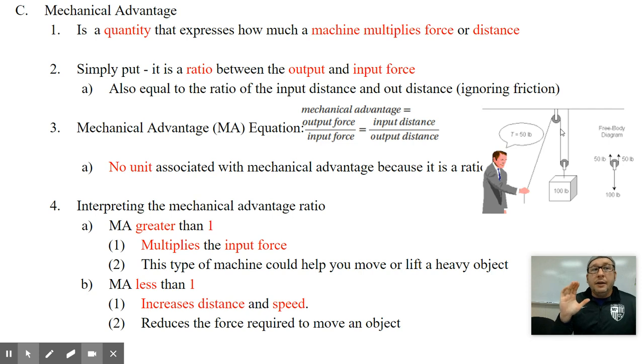Anyway, this formula for solving mechanical advantage might seem a little wonky, a little confusing, and that's because how I interpret this formula is that there are actually two formulas. So what I recommend at this point is that you go ahead and write these two formulas down. I'm simplifying this equation.